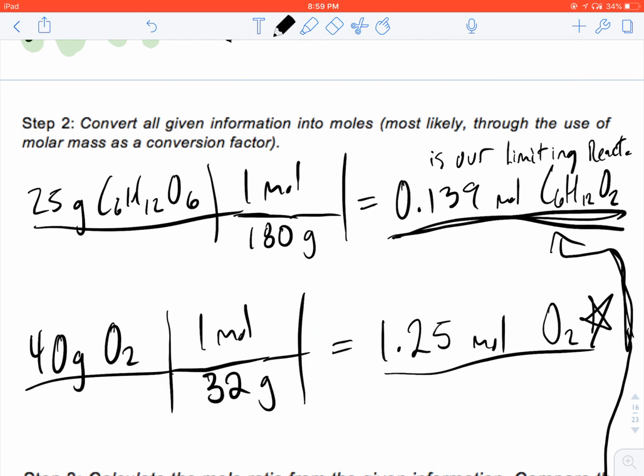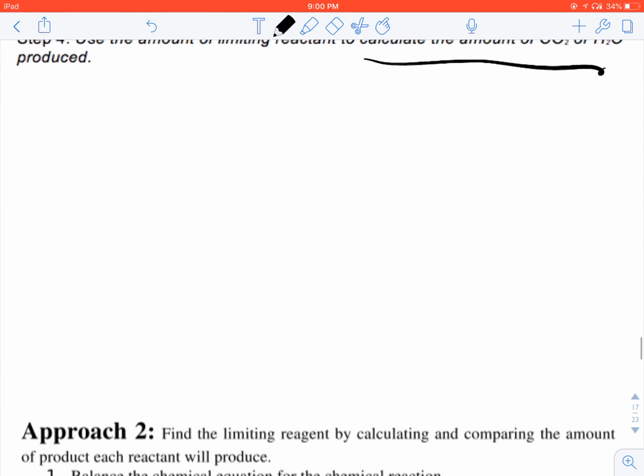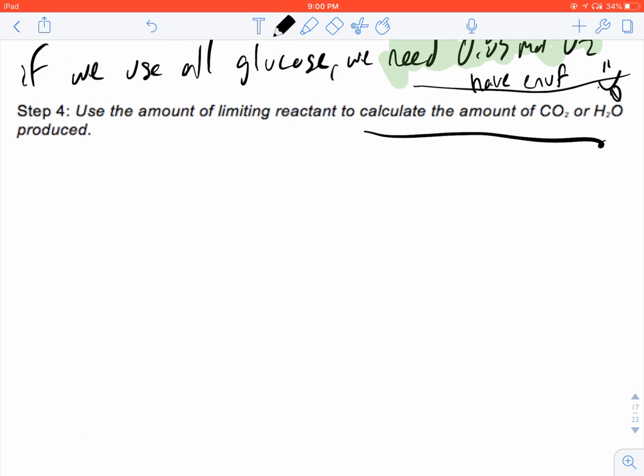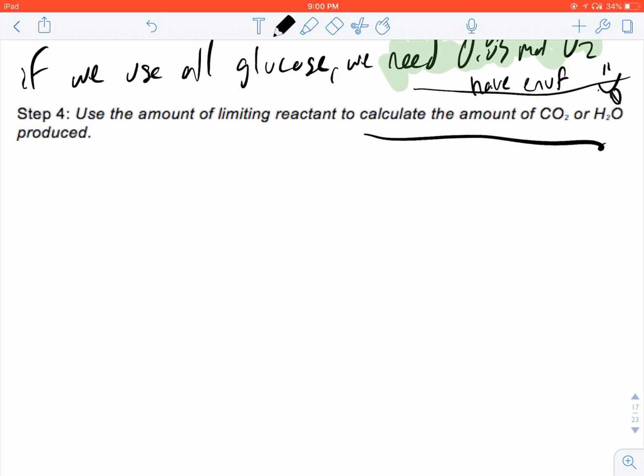So now that we determined that 0.139 moles of glucose is our limiting reactant, we're going to use that to calculate the amount of each product that can be produced. Remember, the limiting reactant determines how much product can be produced. So, since we have two products, we're going to have two lines of equations, both starting with our limiting reactant, like so.